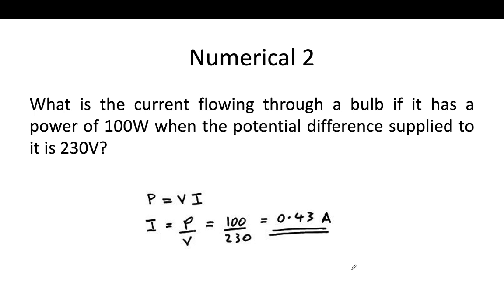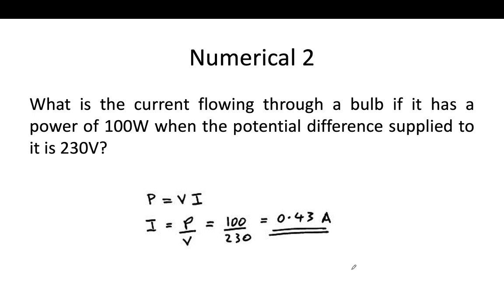So first of all, when the numerical comes, we will check what they are asking for. In this numerical, it's clear that we want the current flowing. So this means we have to find the flow of the current through a bulb which has a power of 100 watts and a potential difference of 230 volts.